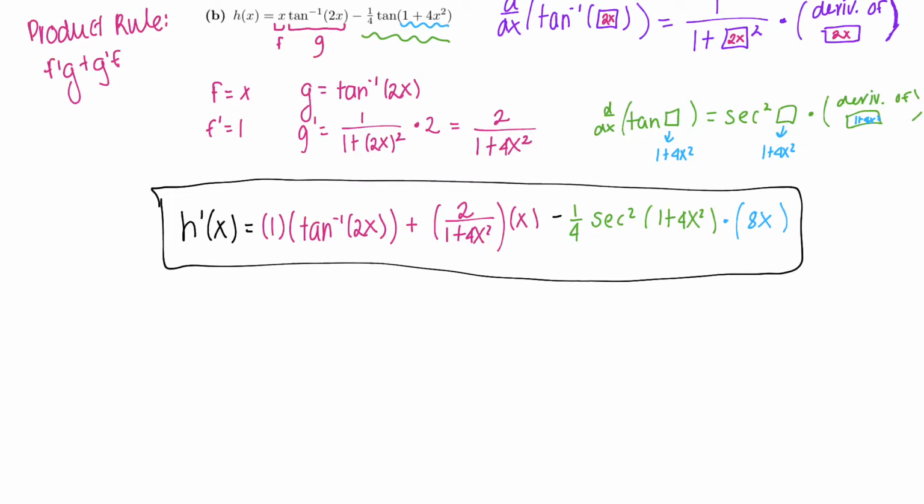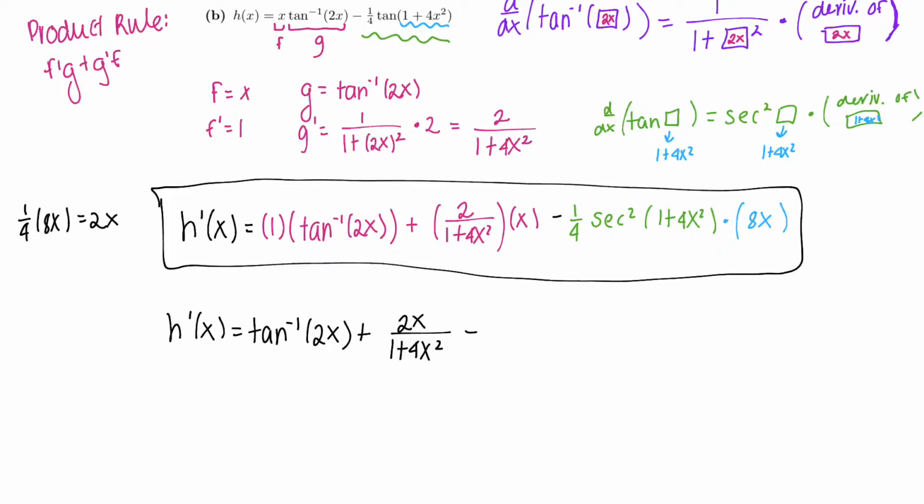And there it is. If you're feeling fancy and you want to simplify a little bit, here's what a little bit of simplification will get you. You can combine these. First of all, 1 times anything is just itself. 2 times x is 2x over 1 plus 4x squared. And then this 1/4 and this 8x, when they multiply, give you 2x because 8 divided by 4 is 2.